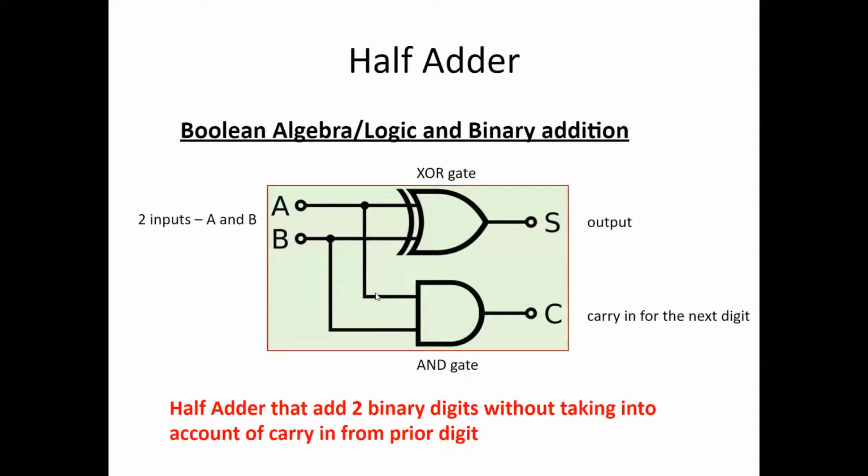A half adder will add 2 binary digits, and it will not take into account a carry from a previous digit. Essentially, it will only have these 2 inputs, and its output will be the sum of these 2 and the carryover.